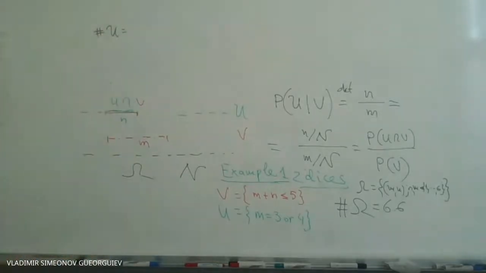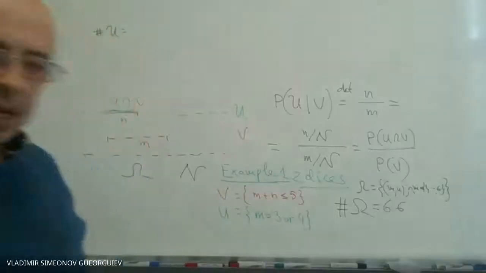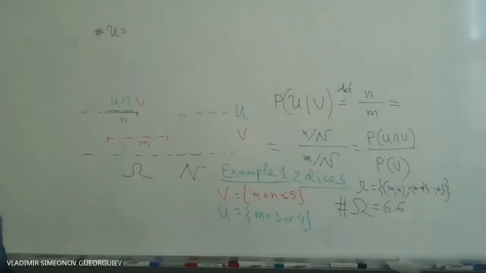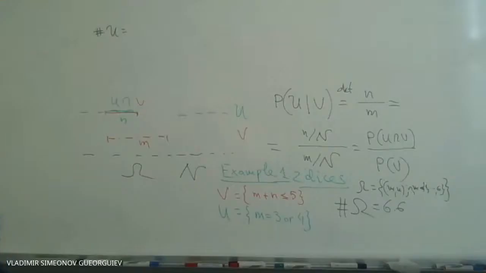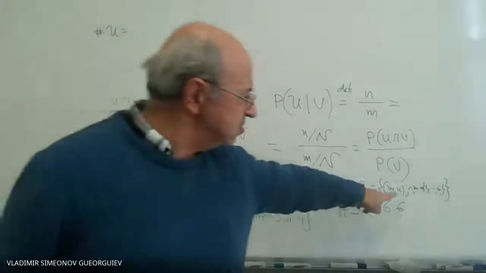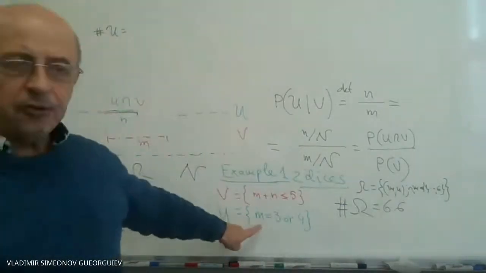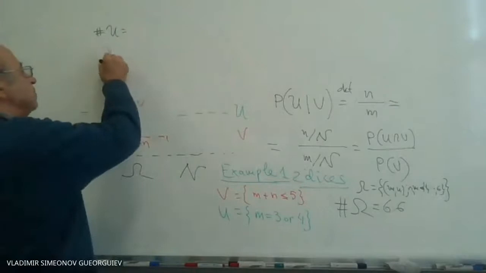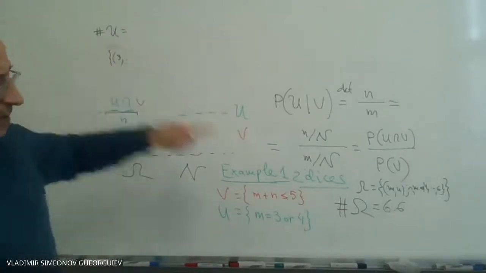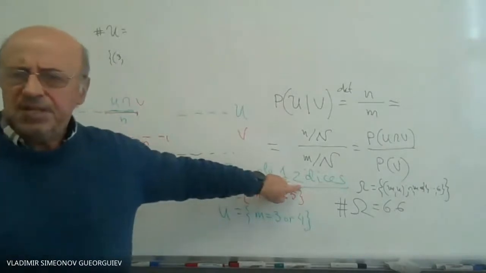Can you compute? M is 3 or 4. What is the cardinality of U? Yes? 12. Why? If M is 3, for example, N is free. Therefore, if M starts with 3, how many possibilities? We have 2 dice. They are completely independent.